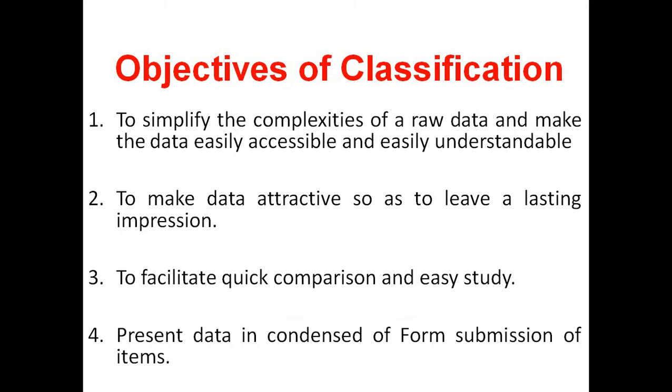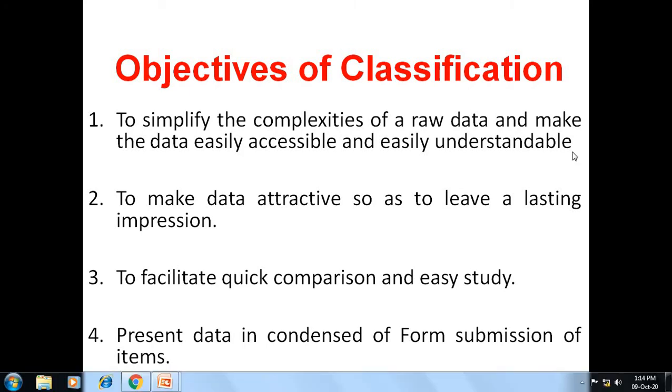Now a very interesting point we have to study, that is the objectives of classification. First objective is to simplify the complexities of raw data and make the data easily accessible and easily understandable. This is the most important thing: what objective should be in our mind at the time of classifying the data.